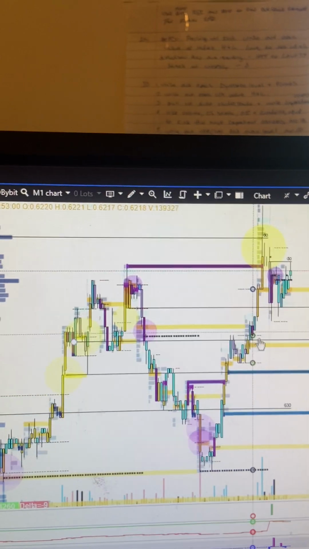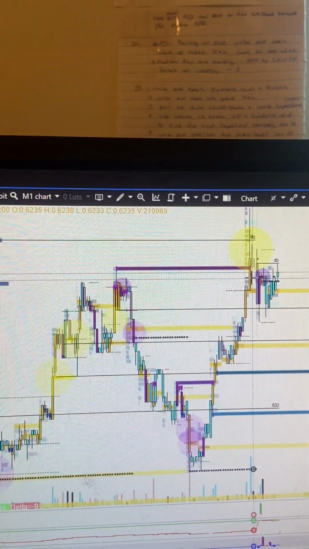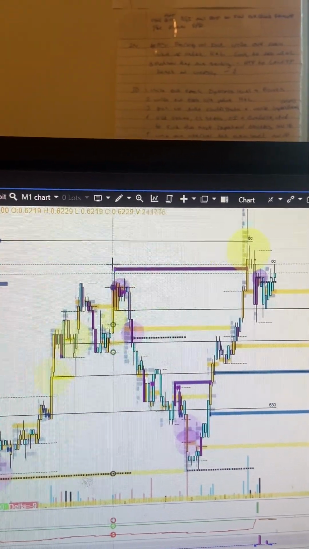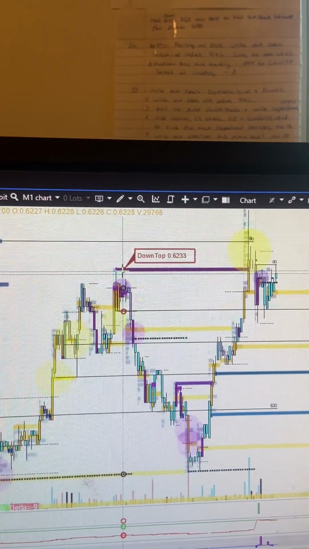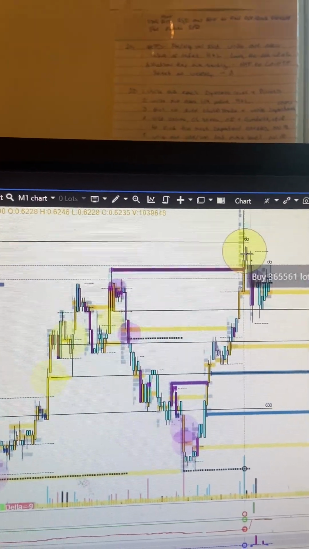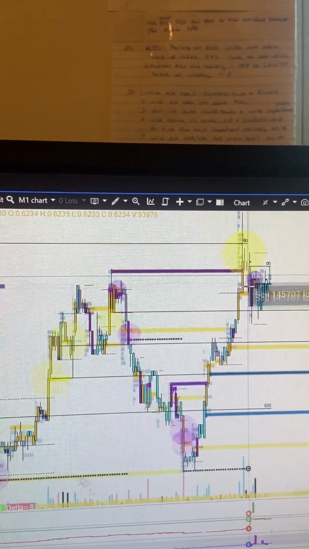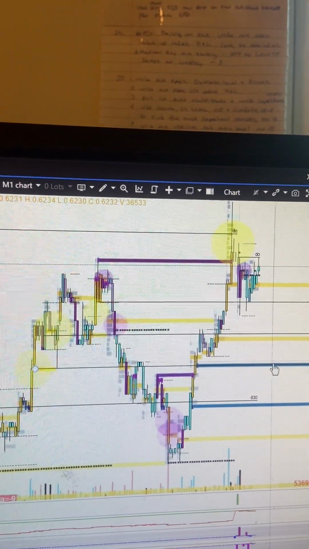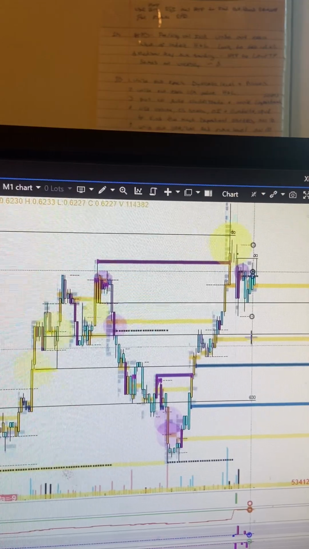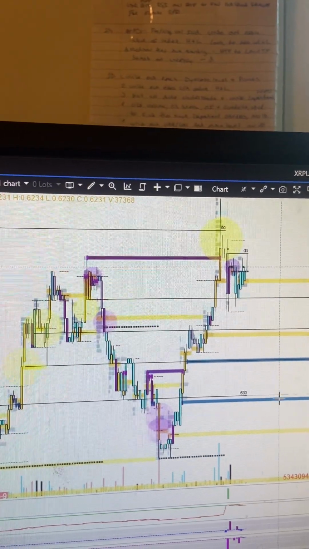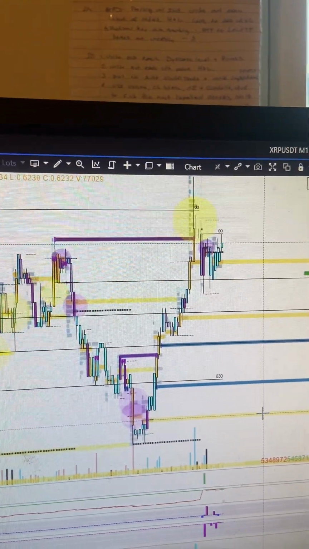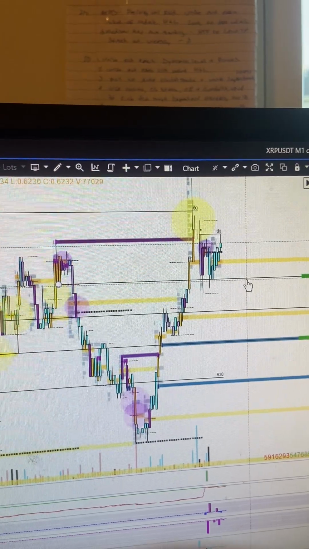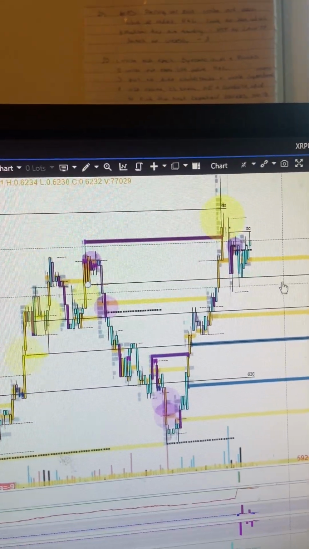Now, if this were to just wick up and wick back down and close below the high of the previous wick, then price would become bearish. So in that case, we would wait for a confirmation, wait for the close, break the low. So it'd break this order block right here, break the low, probably come down in here and pull back up, and then you can short your targets safely.